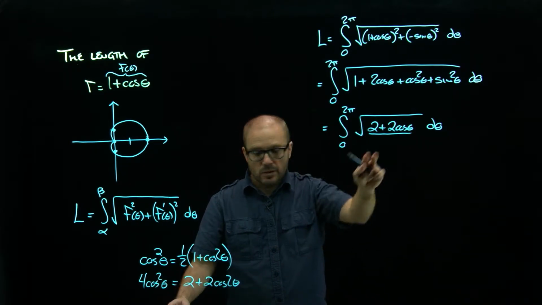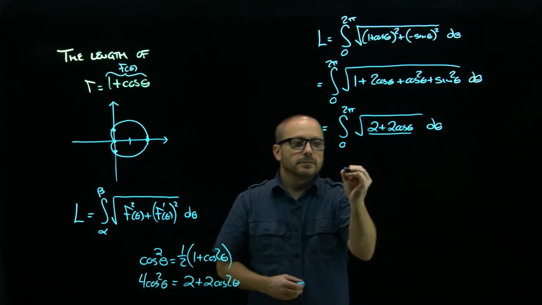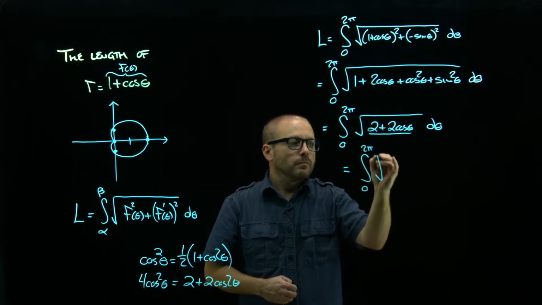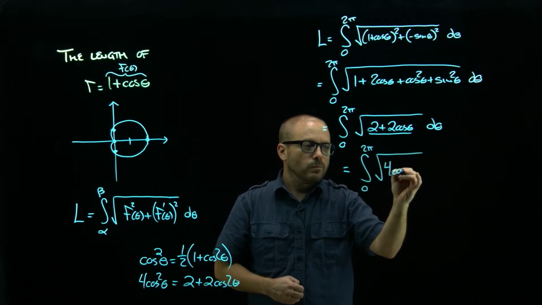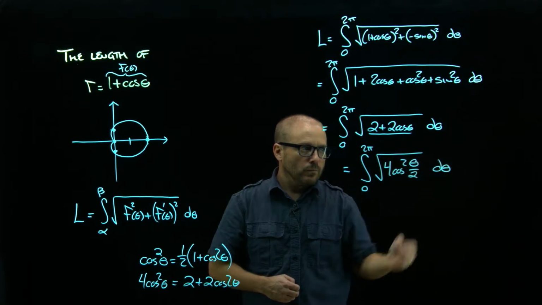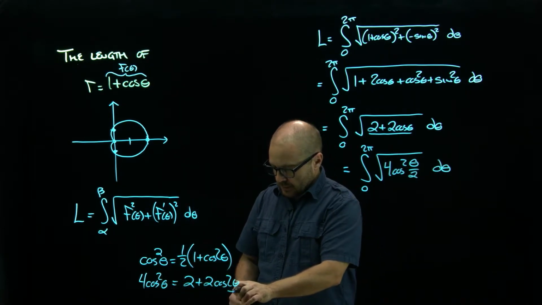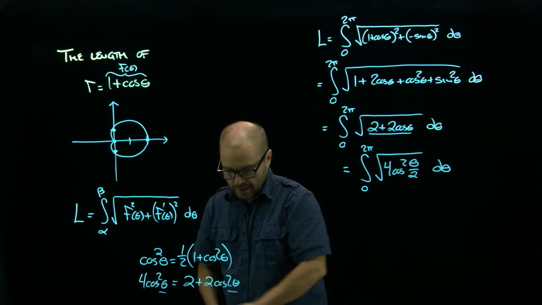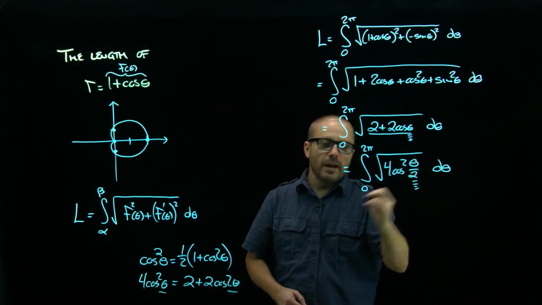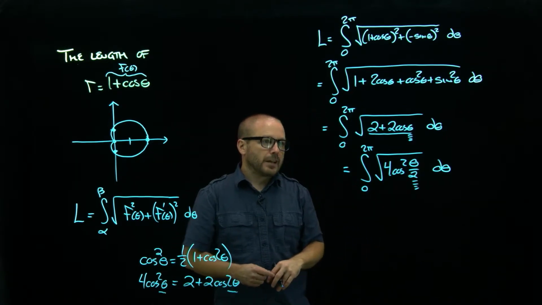So this should be 4 cosine squared of theta over 2. As you read this direction, you start with the angle 2 theta and you end up with half that angle. Here we started with theta, and we ended up with half that angle. So we're just altering that identity.